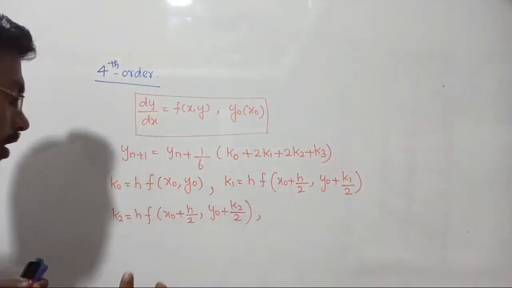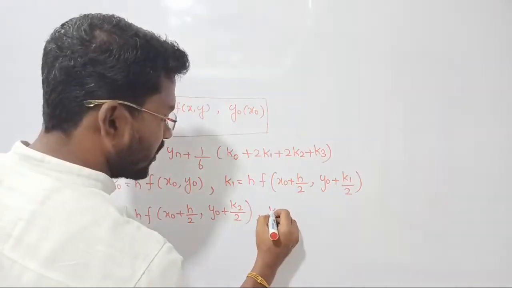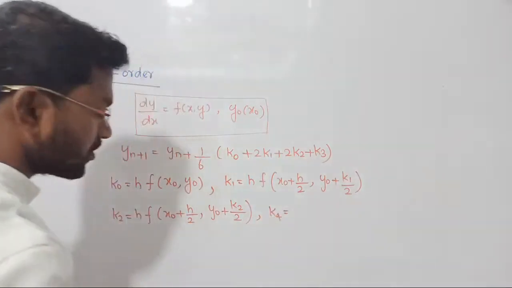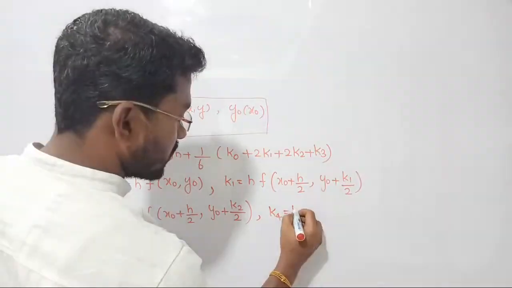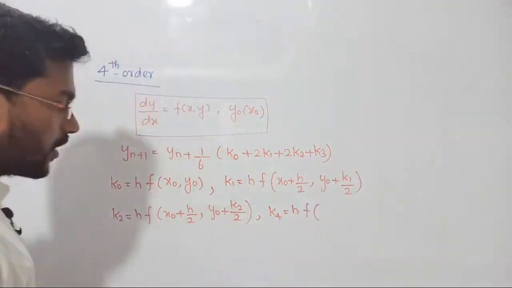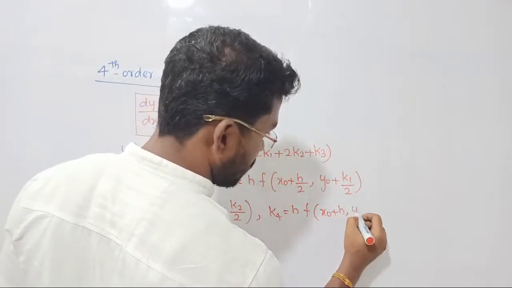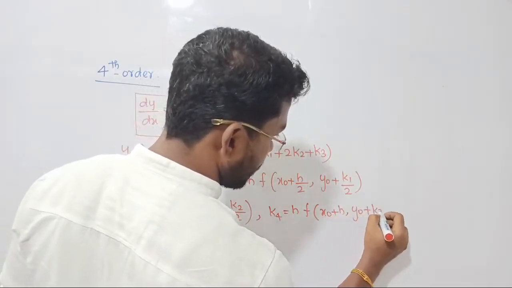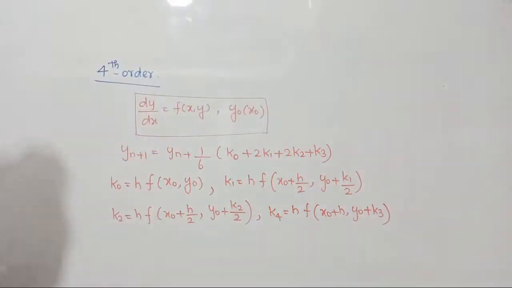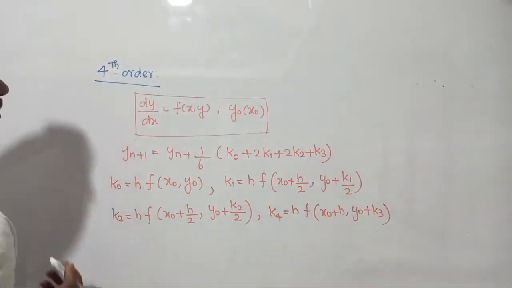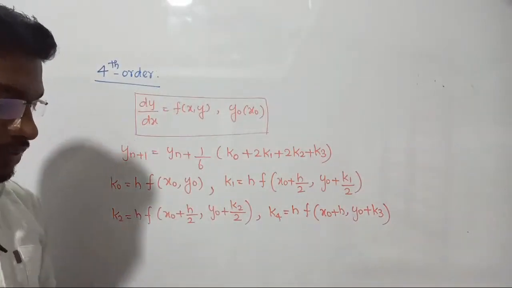If you compare, automatically that will be registered into your mind, that you can predict. Similarly, k3 is step size h into f of x naught plus h comma y naught plus k2. Clear? So that is the formula that we are using to obtain the solution in case of the Runge-Kutta fourth order method.